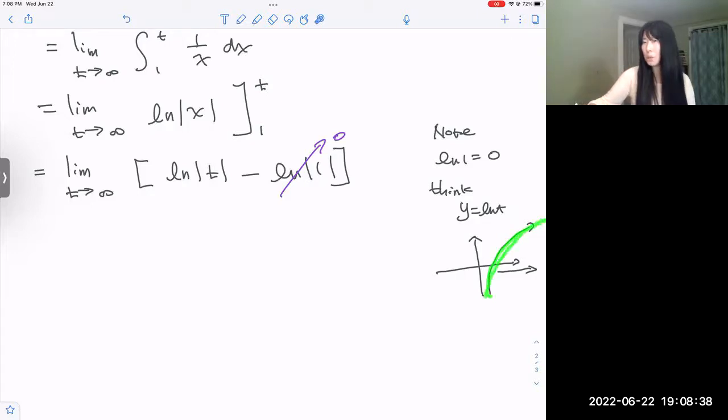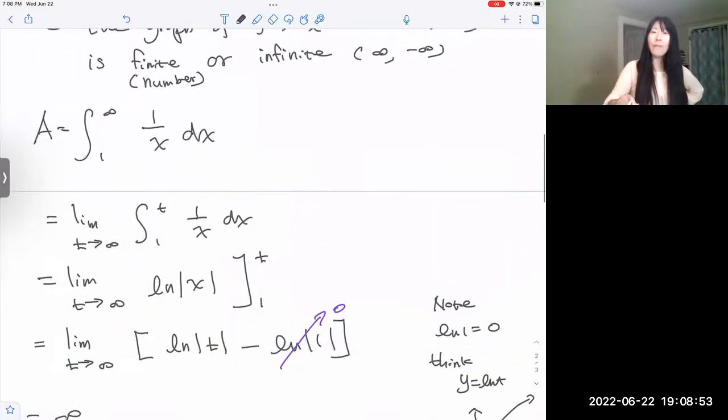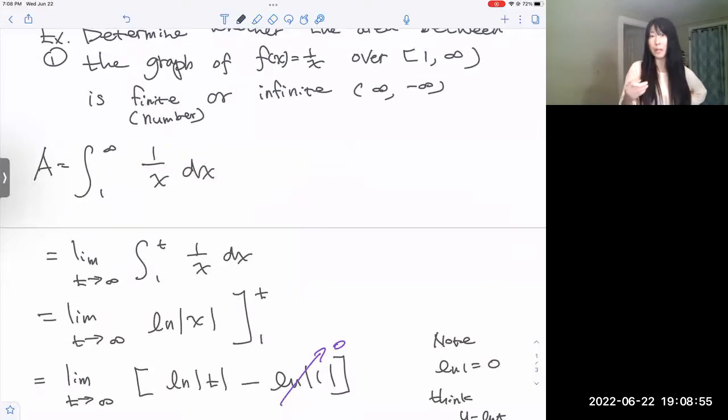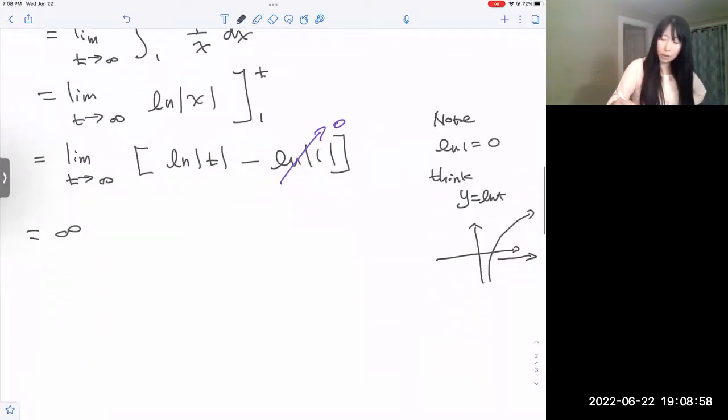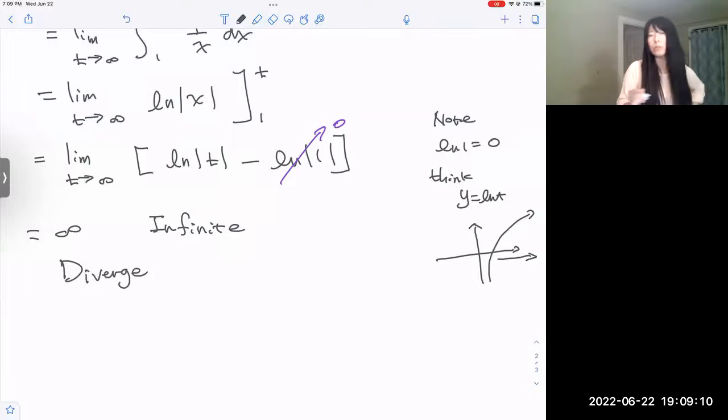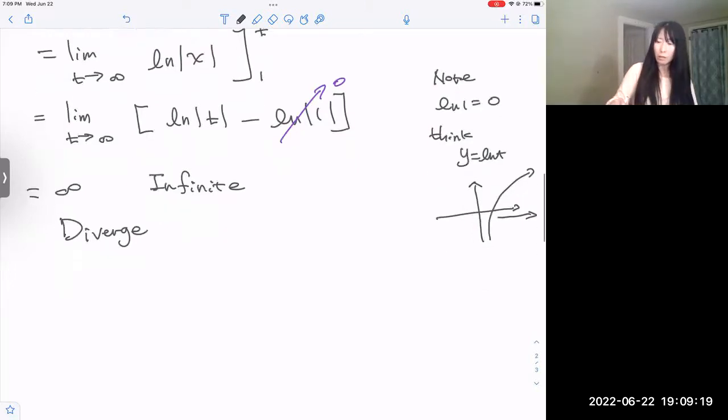When t approaches positive infinity, what's the graph behavior? Following the graph, it goes to positive infinity. The question asked whether it is finite or infinite, so we say it is infinite. Later on, we're going to call this divergent. If we get positive infinity or negative infinity, we say divergent. Now, second one.